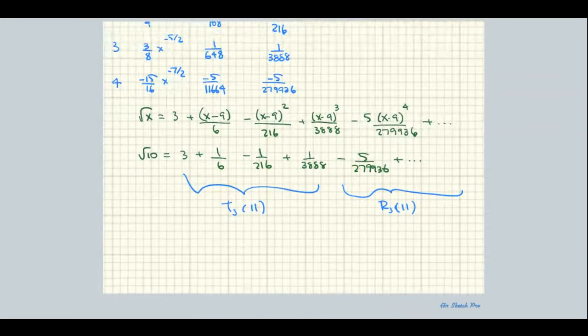I know the remainder R3, okay? The remainder is going to be less than this term.